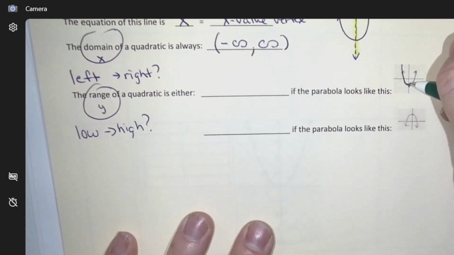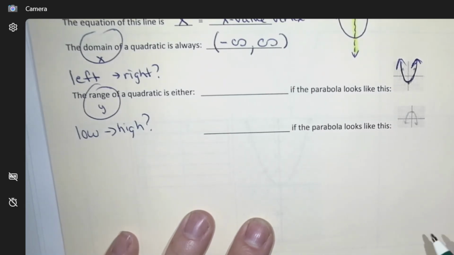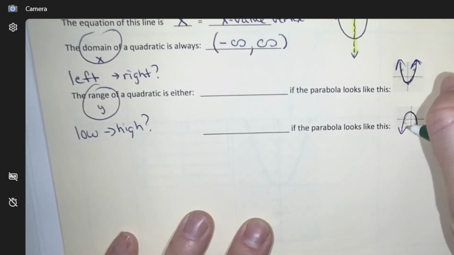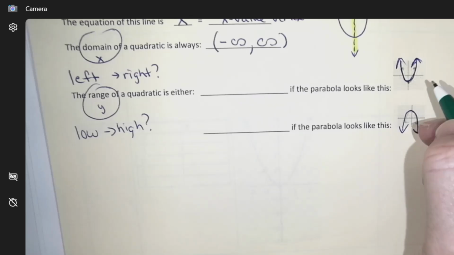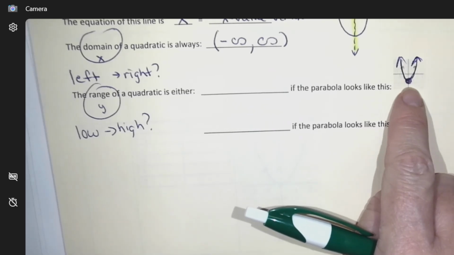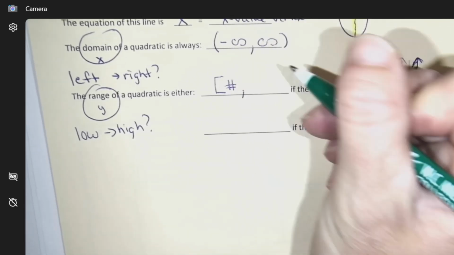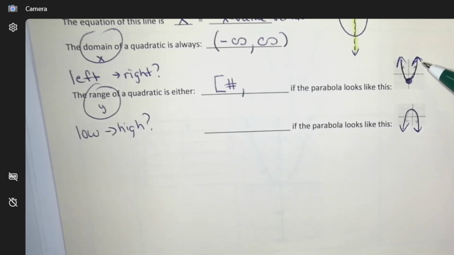Our parabola could look like this, or it could look like this. So there's going to be two different varieties of parabolas. Okay, so on this example, when I say how low it is, it's going to be some kind of value. Then how high it is would go up forever.